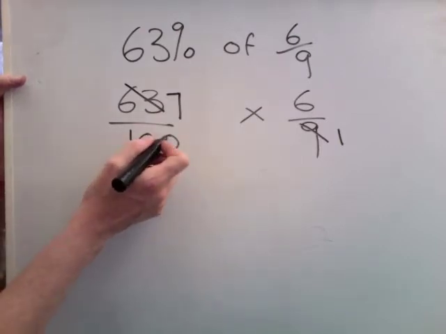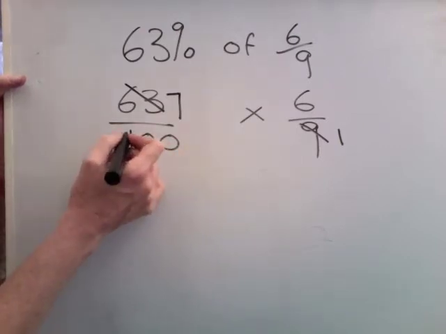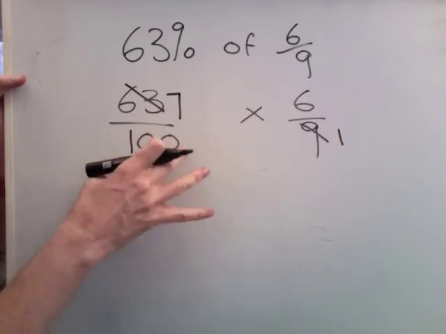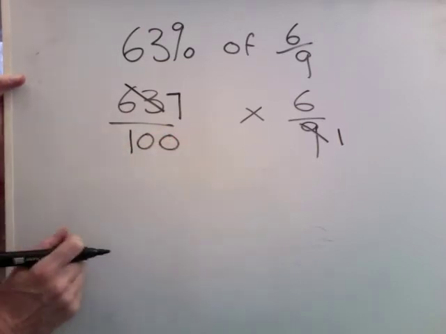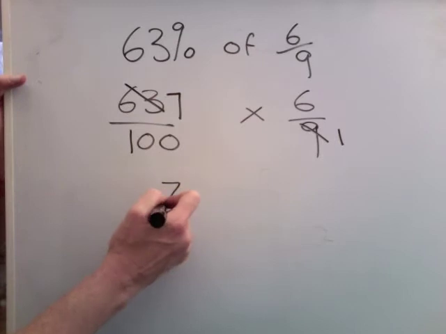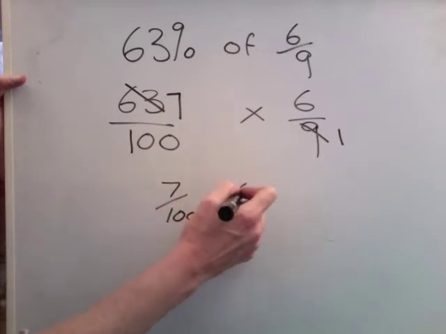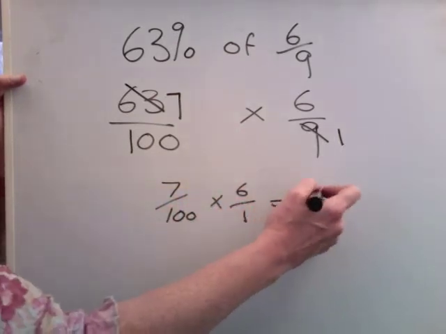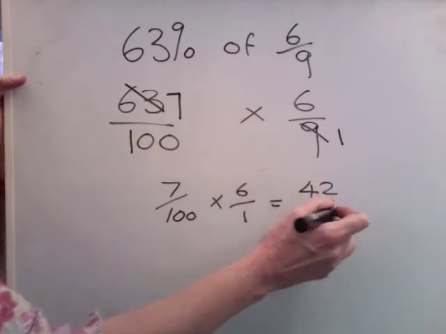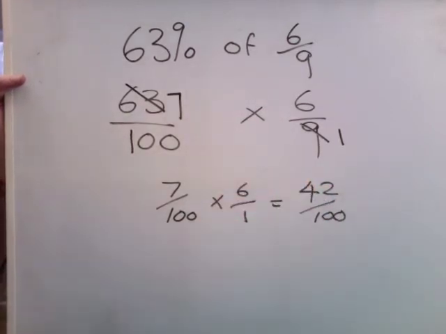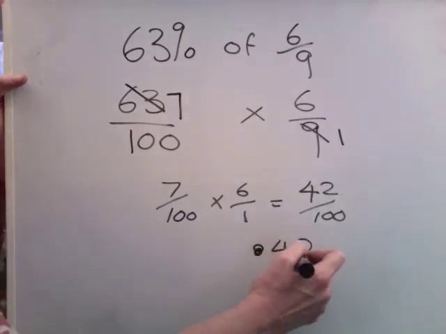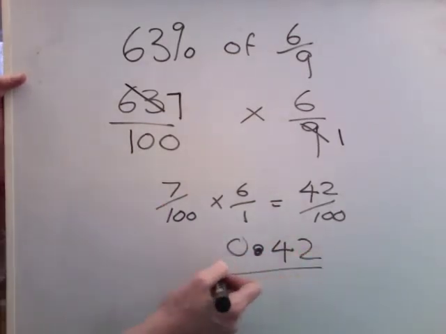I'll leave that, actually, because dividing by 100 is really simple. So now I've got 7 over 100 times 6 over 1, which is 42 over 100. I just need to divide this by 100 to get my answer. There we are, 0.42.